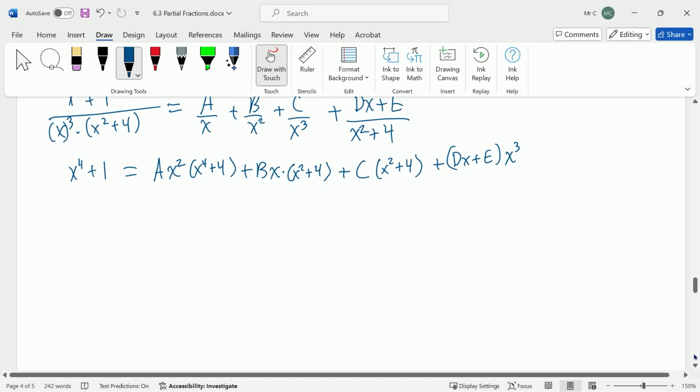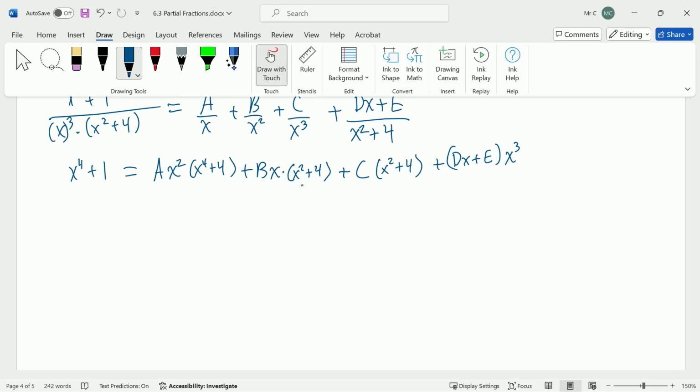Because of these irreducible quadratics, it makes it a lot trickier because there's no real number. I could plug in imaginary numbers, but it becomes pretty complicated and doesn't always help make things easier. I'm not going to do that. There's no real number that I can plug in to this expression. That's supposed to be x squared. Why did I write to the fourth? x squared plus 4.